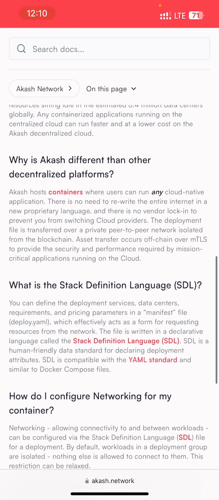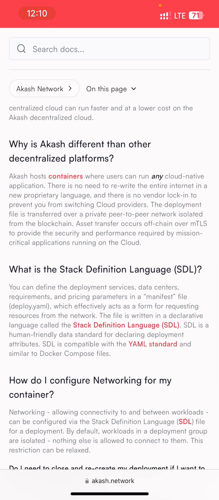Yes, and then the asset transfer occurs off-chain over mTLS to provide the security and performance required by mission-critical applications running on the cloud. Yes, guys, this is the basic reason why Akash is different from other decentralized platforms.